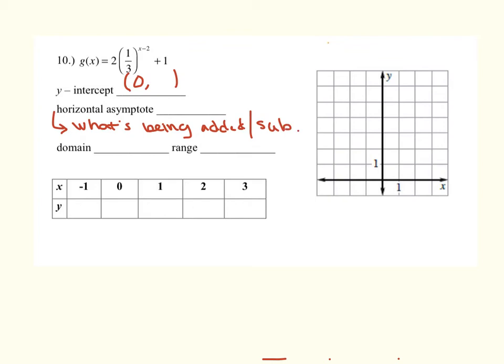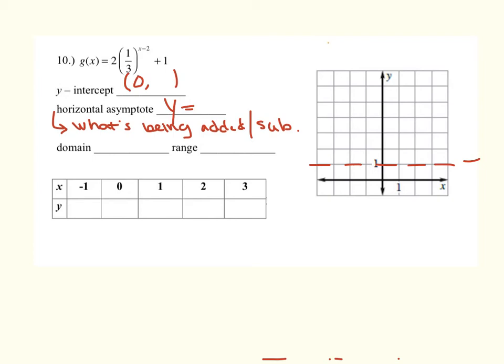So if you have that +1, that's where your asymptote is going to be. This whole function is going to move up 1.